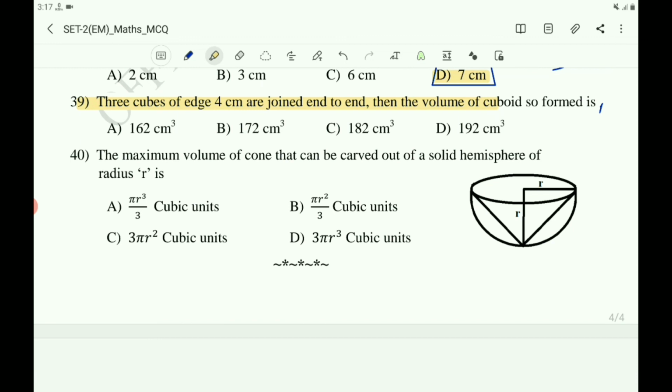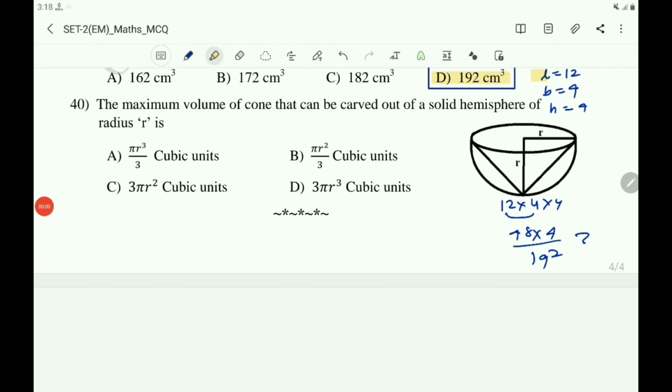Let us take length, so L becomes 12, and B and H remain the same, 4 each. Then volume V equals L times B times H, that is 12 times 4 times 4, which is 192. Option D, 192 cm cube.